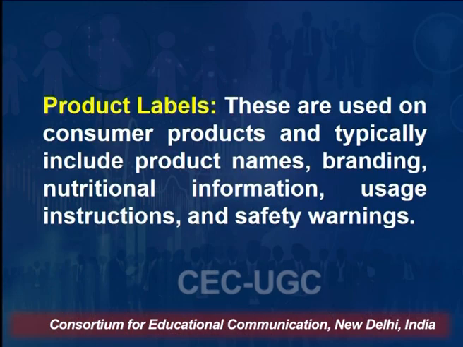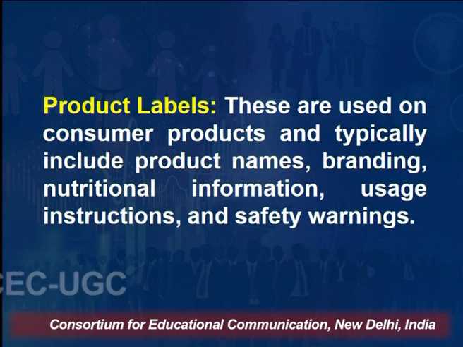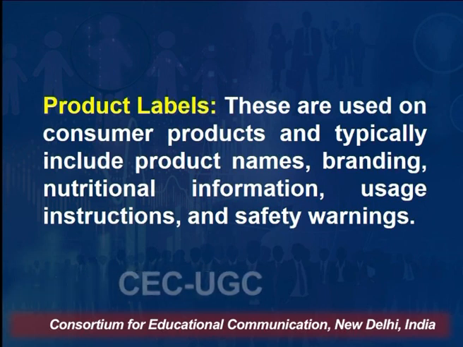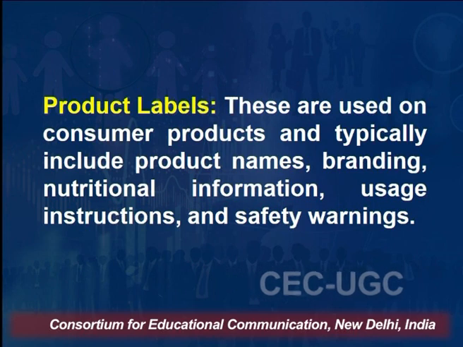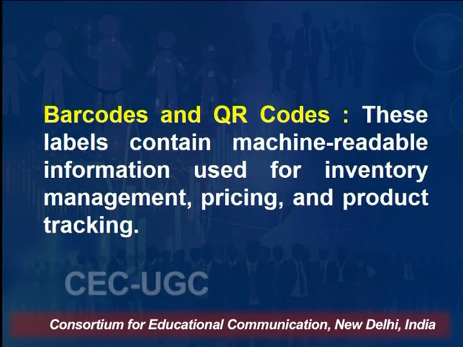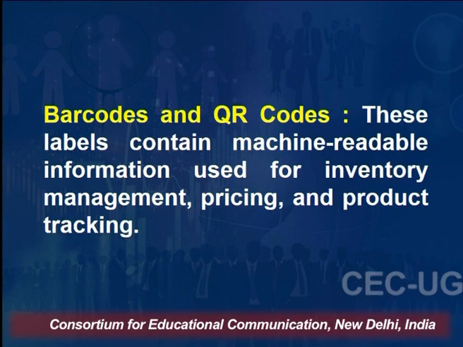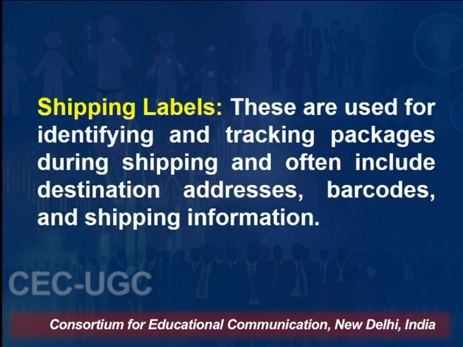There are different types of label, like we have the product labels. Now they are used on the consumer products and typically include the product names, branding, nutritional information, usage instructions, and the safety warnings. Barcodes and QR codes. These labels contain machine readable information used for inventory management, pricing, and the product tracking. Shipping labels.